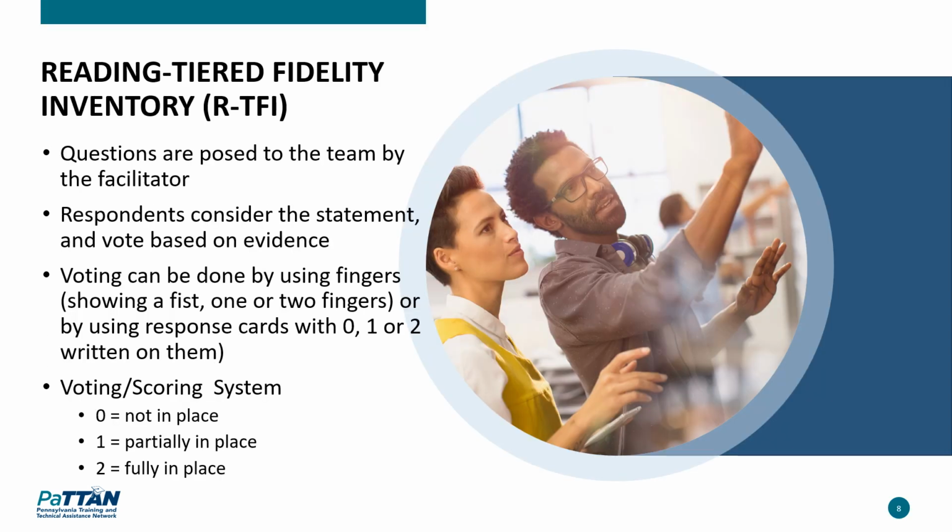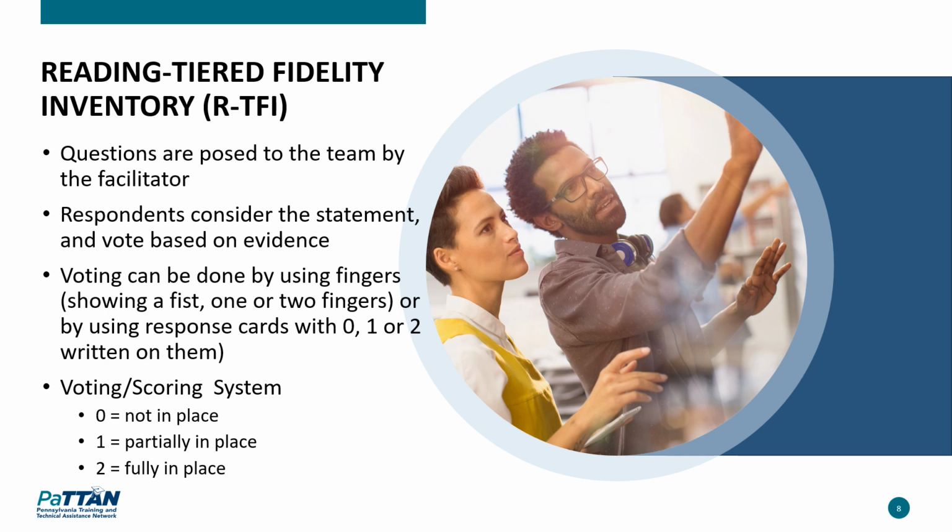The R-TFI contains a series of questions, again, based on the section a school team is completing about Tier 1 practices and/or those advanced tiers practices. The questions or statements are posed by the facilitator. The team members individually, without group discussion, consider what evidence and vote based on how fully that component is in place.